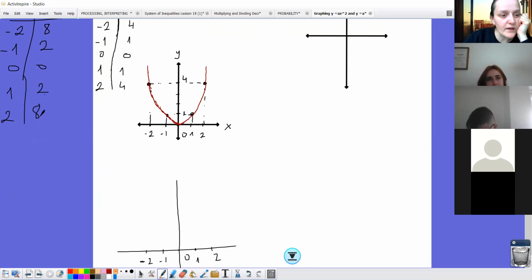Now, which values do we have here? 0, let's say 1, 2, 3, 4, 5, 6, 7, and let's say this one is 8.